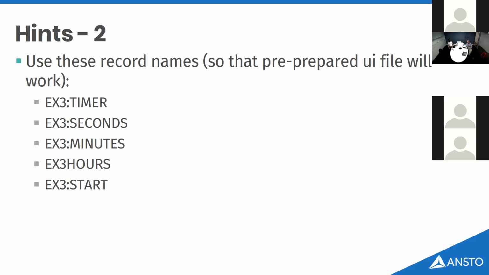Yeah, all records have DISA and DISV, so you could disable it, or you could just write to the calc field itself and change the expression from whatever it is to a fixed number. That's what I was thinking of doing, but I like the DISA DISV solution. DISA DISV is probably the way to go, or changing the record from scanning once a second to passive.